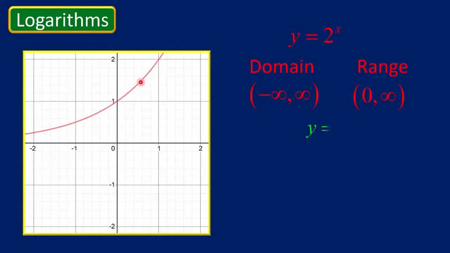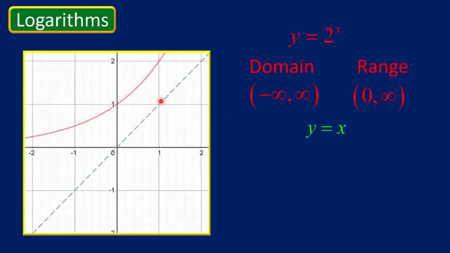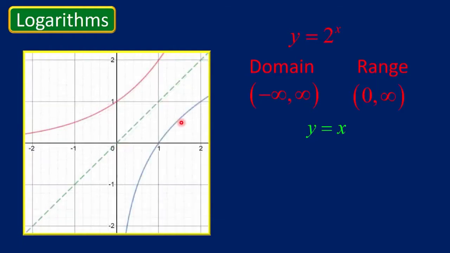In other words, we know that there exists some function that, if you take this line y equals x, is like a mirror image across this line y equals x, that looks something like this, right? And notice this inverse function is going to have a domain and range where, remember, if you take the domain of 2 to the x, that's going to be the range of its inverse.